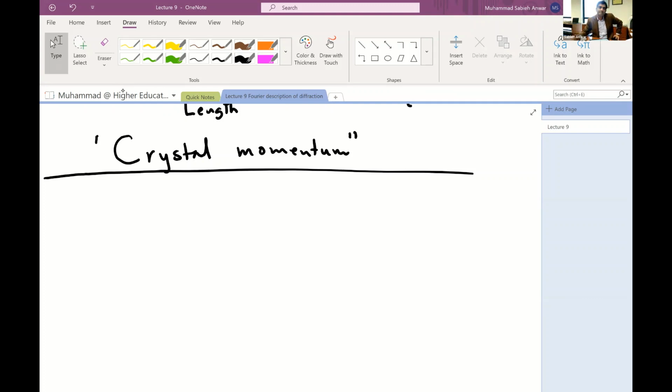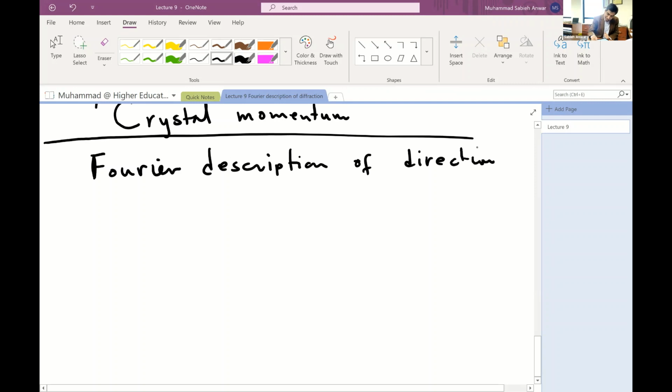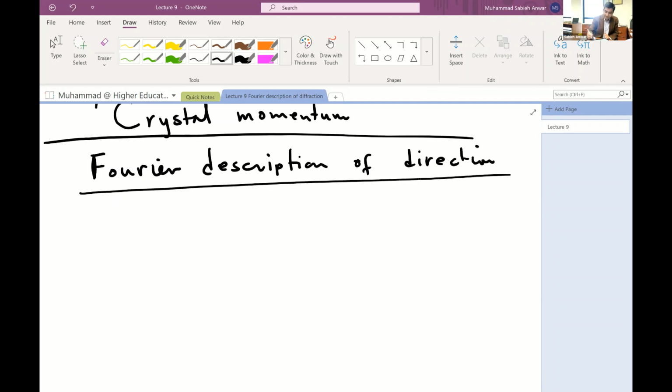All right, so now I would like to shift gears a little bit and talk about the Fourier description of diffraction. And in the process, I will show how different planes never ever diffract.